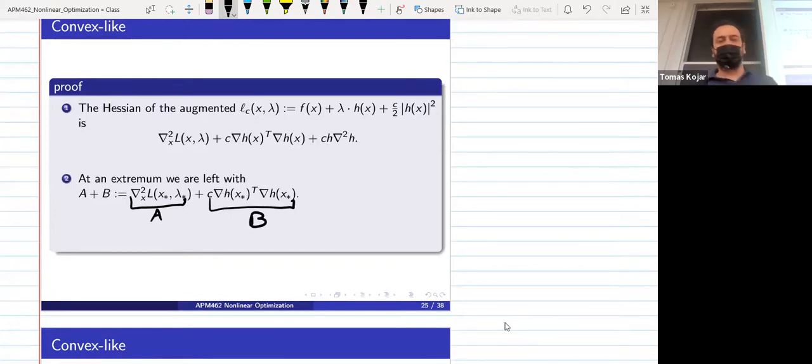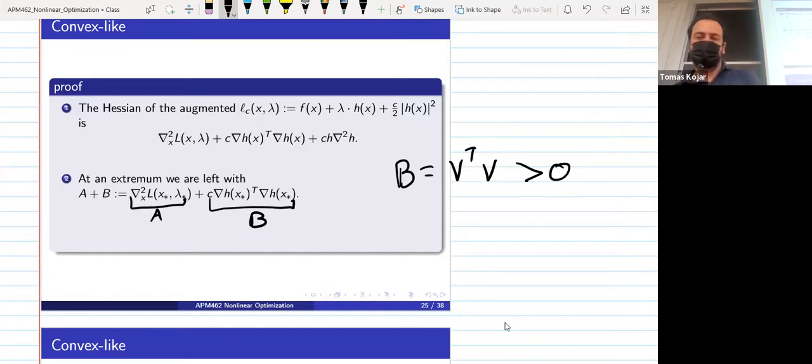Let me ask you a cool question. Suppose you know that your matrix B is of the form V transpose V. Can someone tell me why this matrix is positive definite? Any guesses?